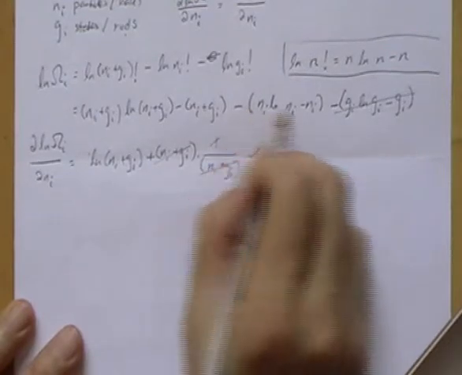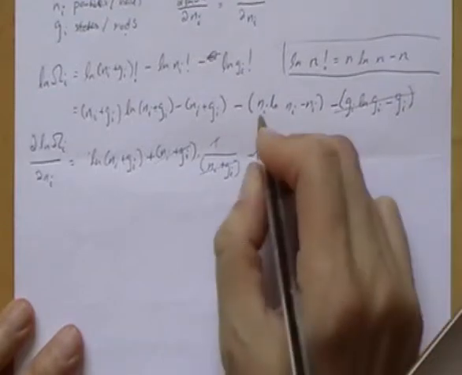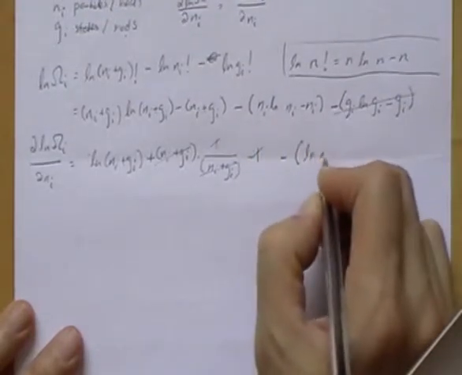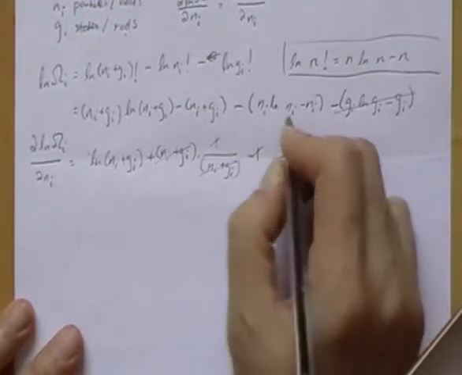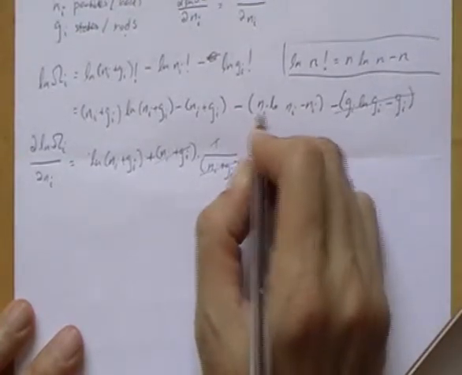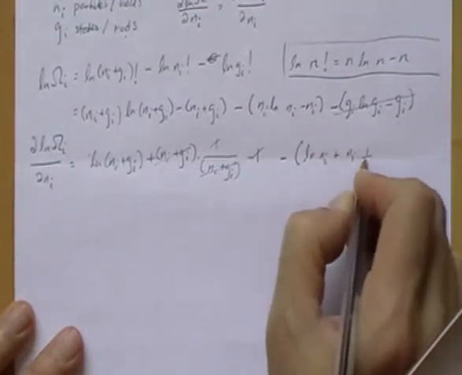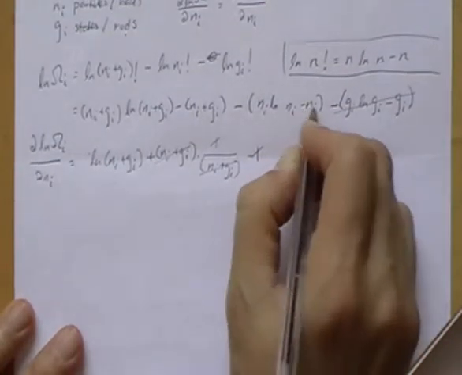And likewise, when we carry this through, we'll differentiate that and get log ni. Differentiate that, you get ni times 1 over ni, and differentiate that, you get 1.